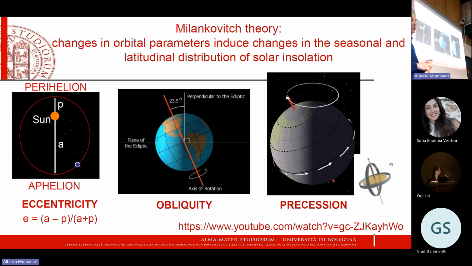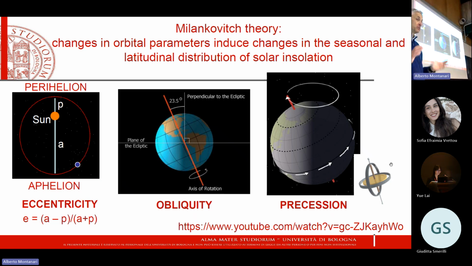If you indicate with A the distance of the aphelion from the Sun and P the distance of the perihelion, you can compute the eccentricity with the formula on the screen. No need to remember it, okay? Just remember what eccentricity is, which means that the orbit of the Earth is not centered around the Sun, it's just shifted a little bit. It's a bit eccentric, okay?